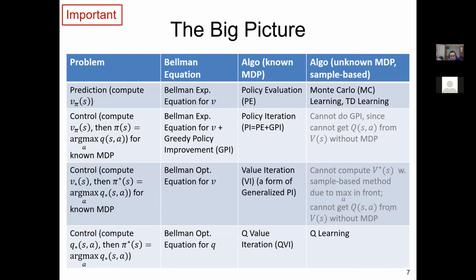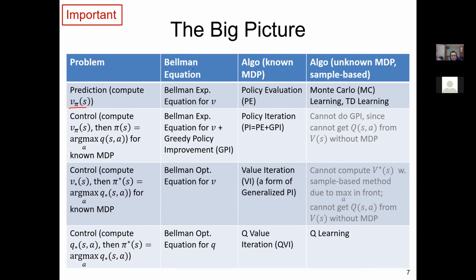So I have this big picture table here. I'm not expecting you to understand it right now, but I think you should understand it after I finish my lectures. So at a high level, the task can be prediction, where you compute the value function for each state for a fixed policy pi, or control, that is, you're trying to optimize the policy to find the pi star.